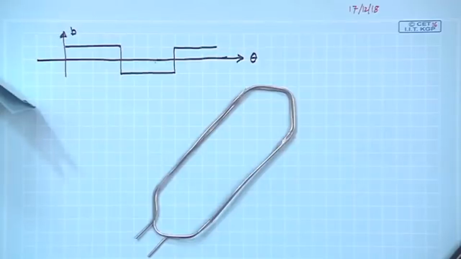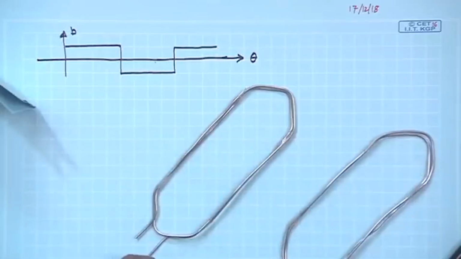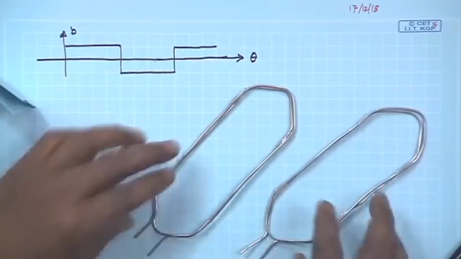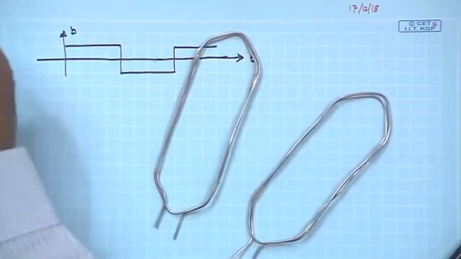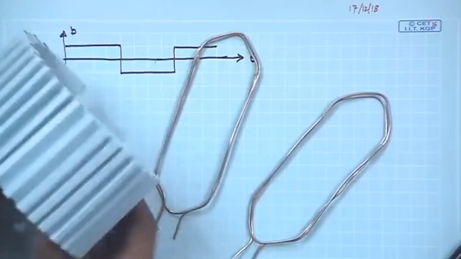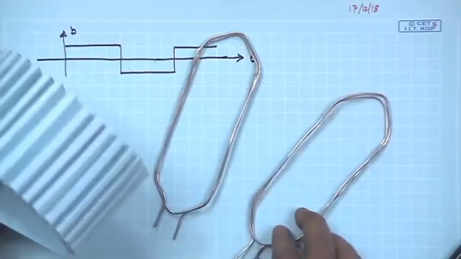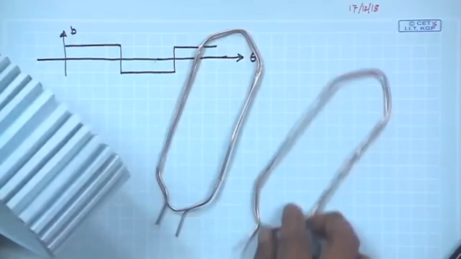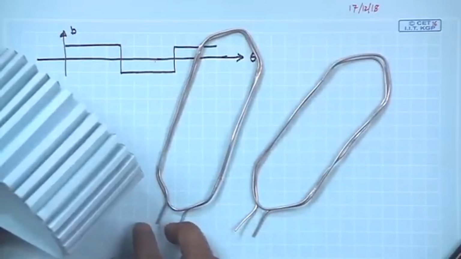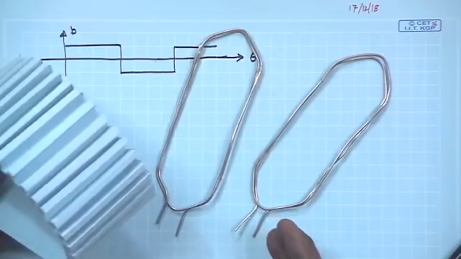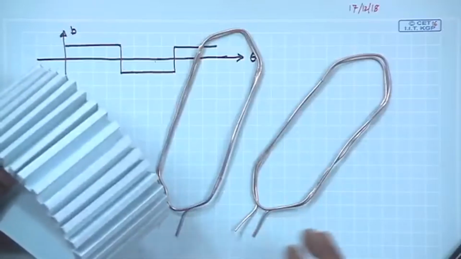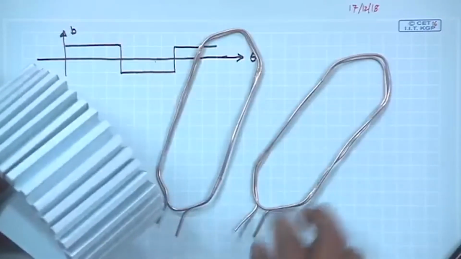These coils I will place in the space reserved for them in a particular sequence, and each coil will have its own free terminals, and they can be connected in series or in parallel, whichever way is convenient.